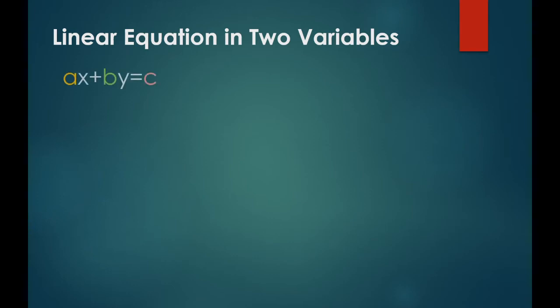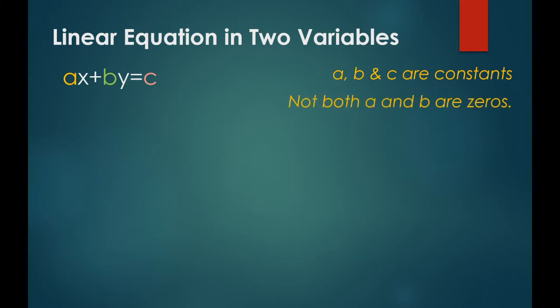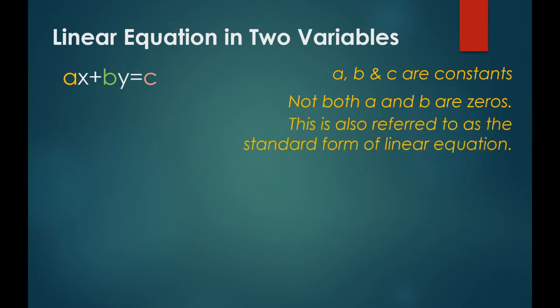This is written in the format ax plus by equals c, wherein a, b, and c are constants. Puro number yung a, b, tsaka c. X and y lang yung ating variables. Not both a and b are zeros. Kasi pag naging 0 ang pareho sa kanila, then it means constant na lang yung natira. Number na lang. This is also referred to as the standard form of linear equation.